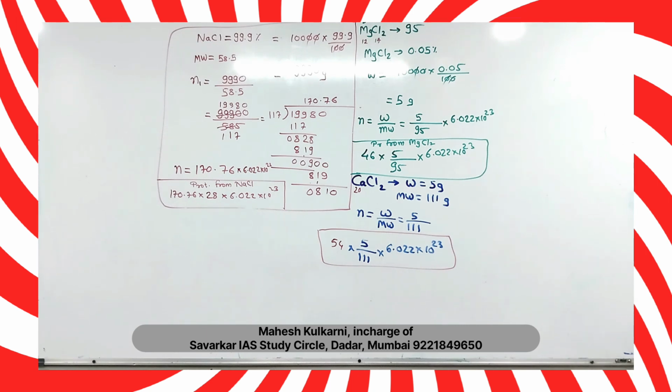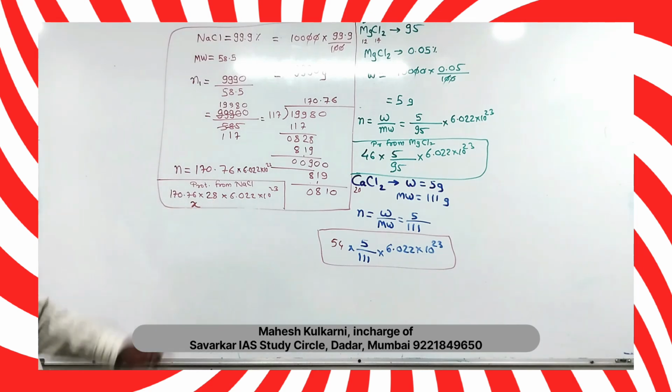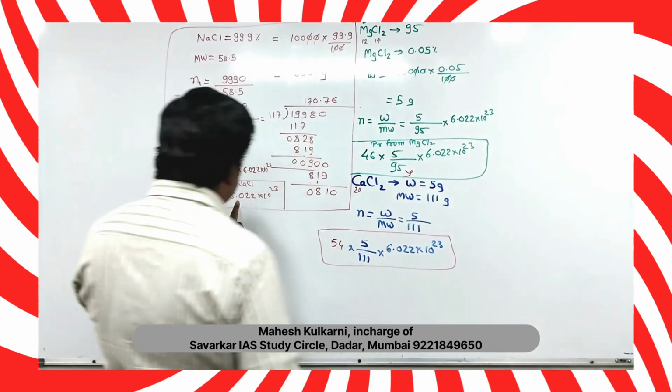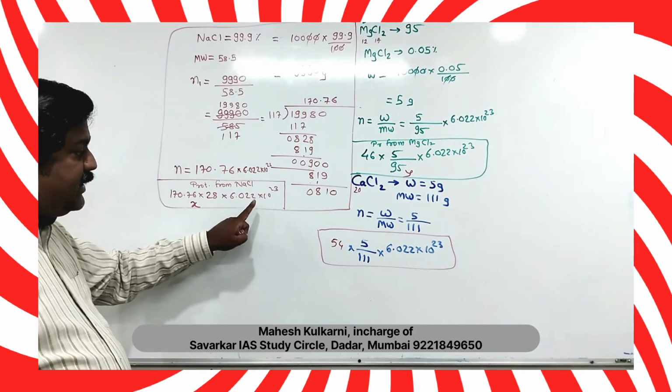Now the thing is that you have to add these. So I am just showing how to add. Let us assume this figure as X, whatever you are going to calculate. Let us assume this figure as Y. I am not considering the multiplier. The multiplier is kept separate.